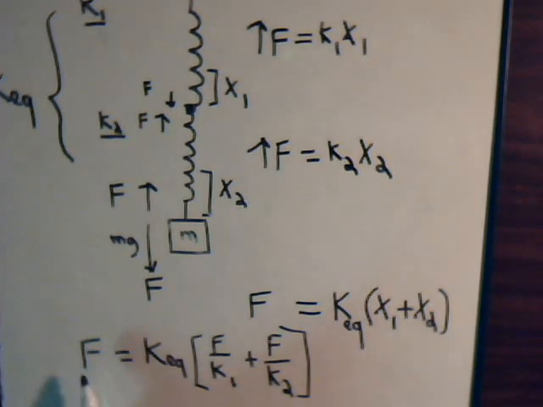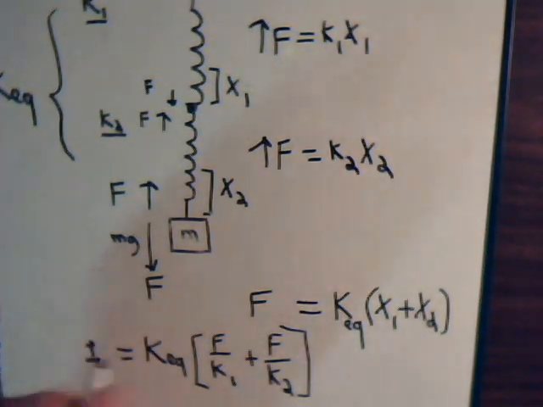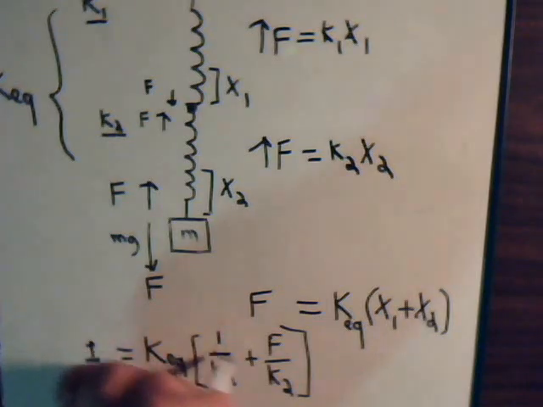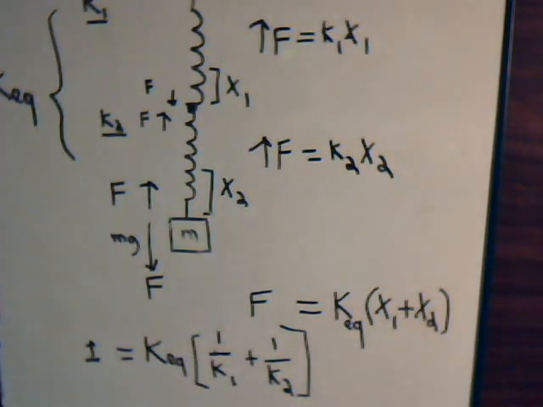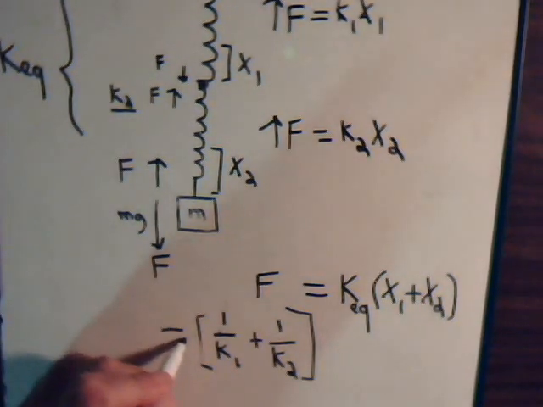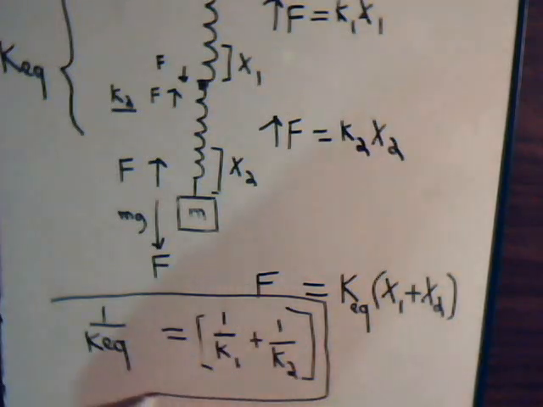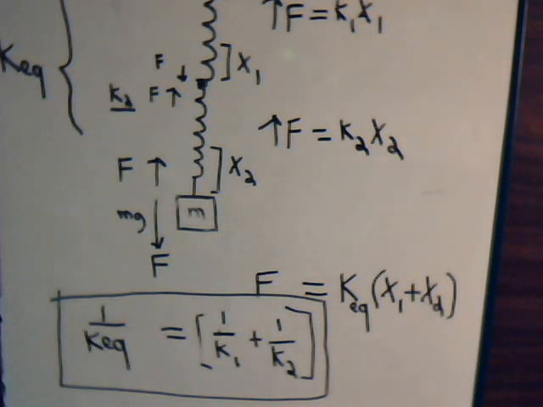And now we can divide both sides of the equation by F to give us this expression. And then we can divide both sides of the equation by the spring constant for the entire system. And we have this equation. So this tells us how individual spring constants combine together to generate the spring constant for the entire system.